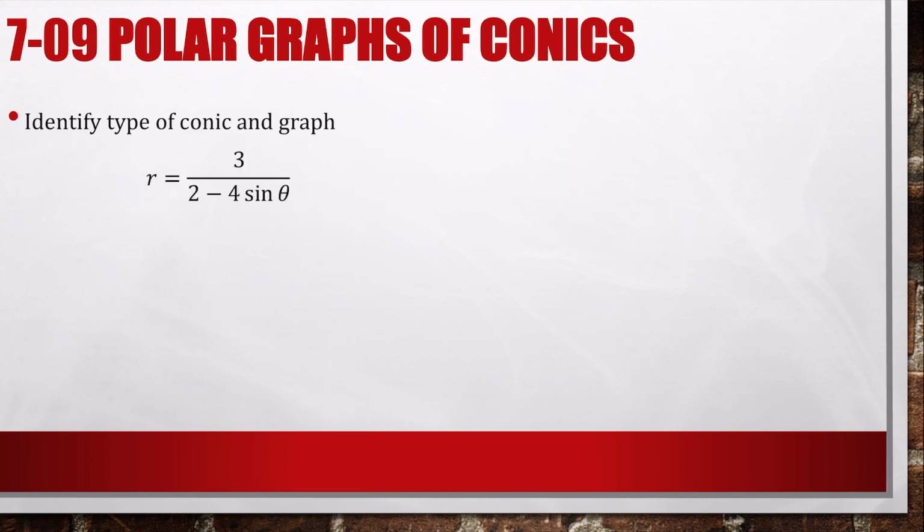All right, identify the type of conic and graph. Again, this one looks like it's going to be in the form where we have a minus, and it's sine. The sine means it is a horizontal directrix, and because it's a minus, that means it's in the negative area, which is below the pole.